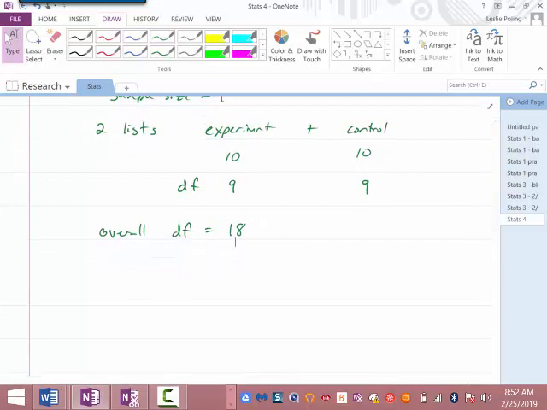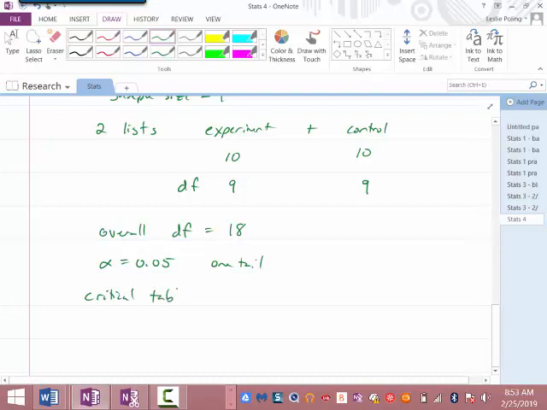Okay? So, still looking at this chart, we now have, because I made it up, 18 degrees of freedom. And let's go with our typical alpha level of 0.05 for a one-tail test. What this table gives you is what is called a critical table value.